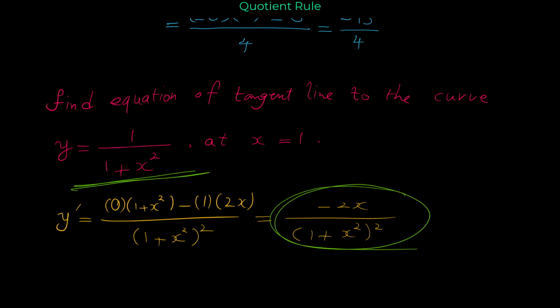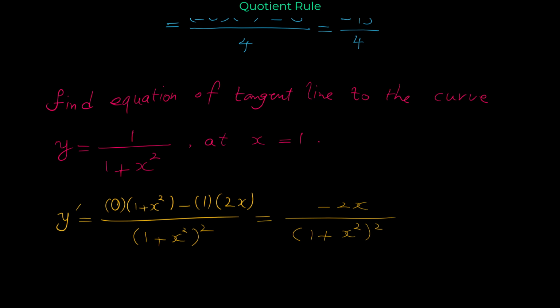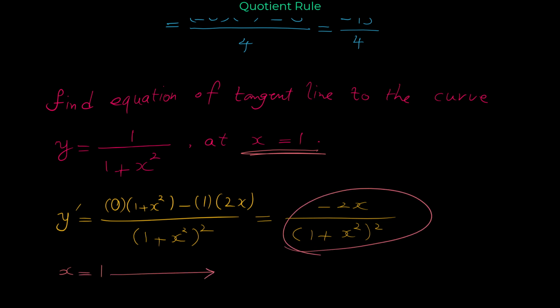And derivative of a function shows the slope of the tangent line. But we want the tangent line when x is 1. So we have to plug in 1 for x to find the slope of the tangent line at this particular point, 1. If we plug in 1 for x in this expression, we can find slope of the tangent line when x is 1.